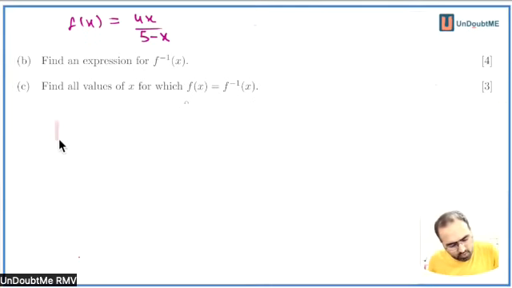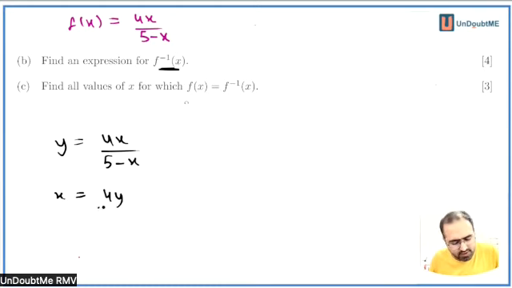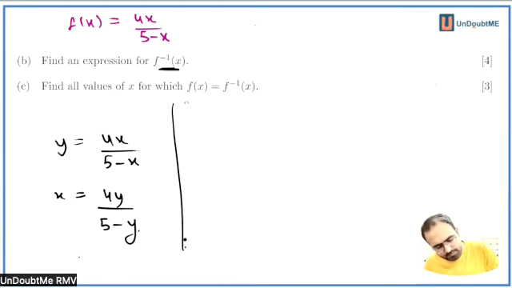So y is equal to 4x over 5 minus x. If you want to find the inverse only, then you can interchange x and y at the first step and then make y the subject. 5x minus xy is equal to 4y.